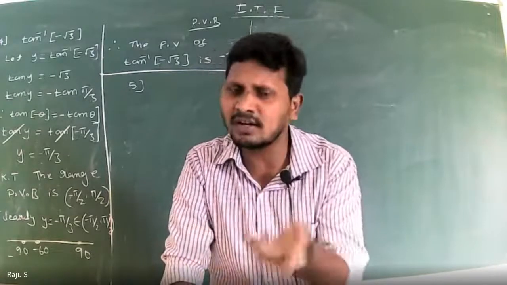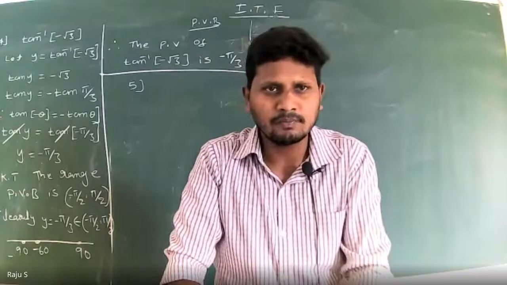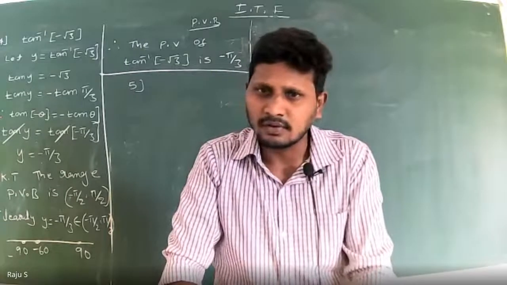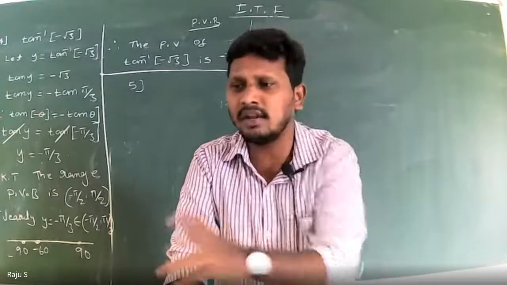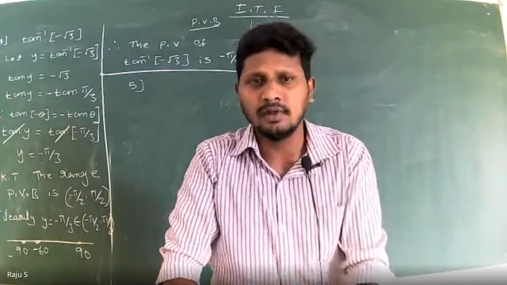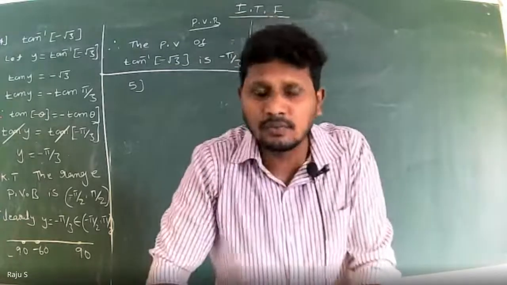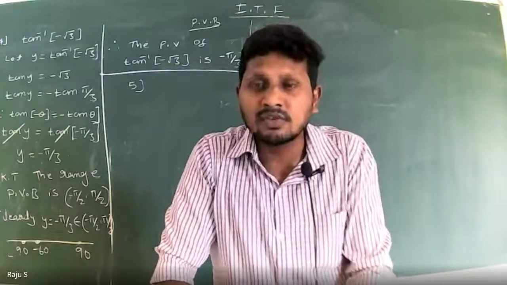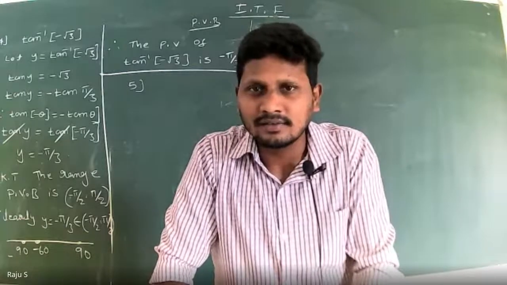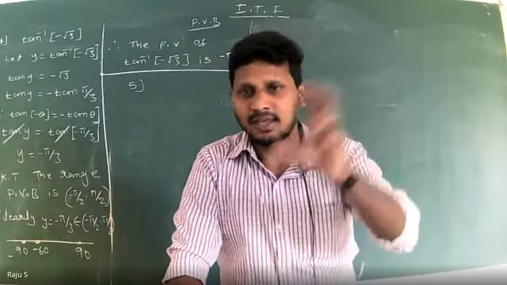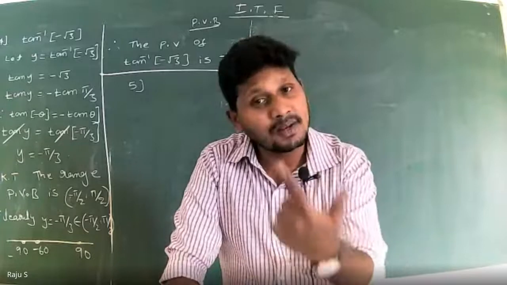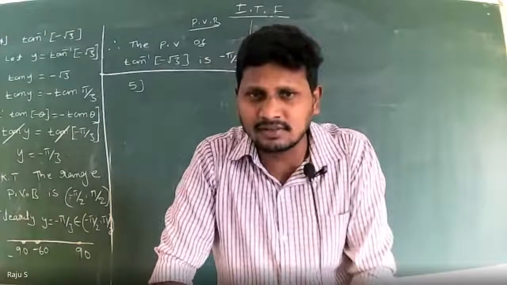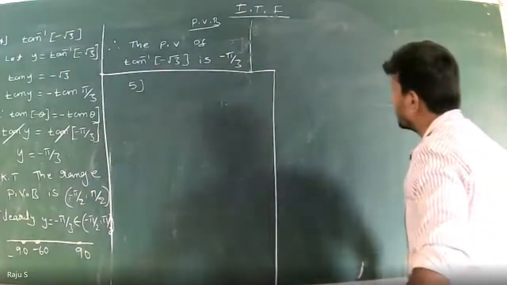In the first quadrant, is cos negative? No. Cos cannot be negative, but they gave a negative value, minus 1 by 2. In which quadrant is cos negative? Second quadrant. Second and third. But what is the principal value branch of cos inverse?